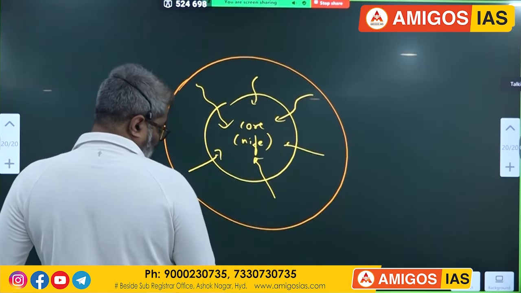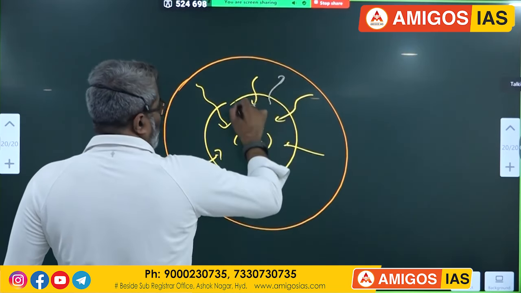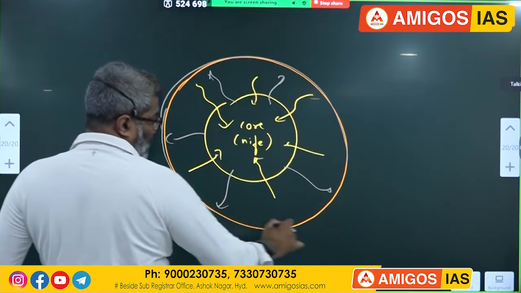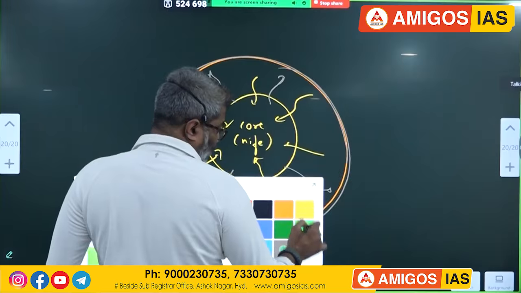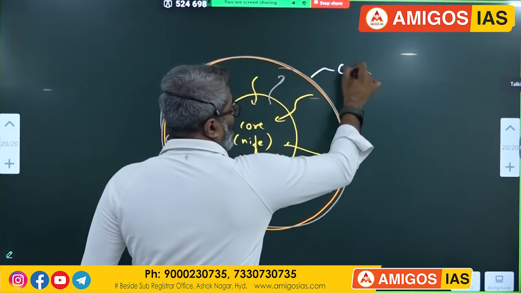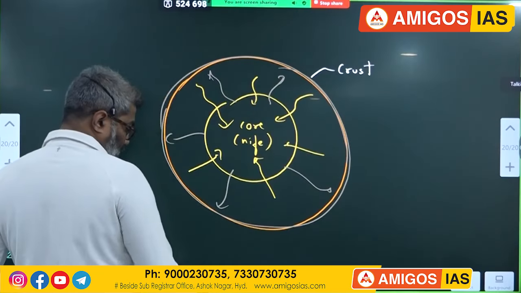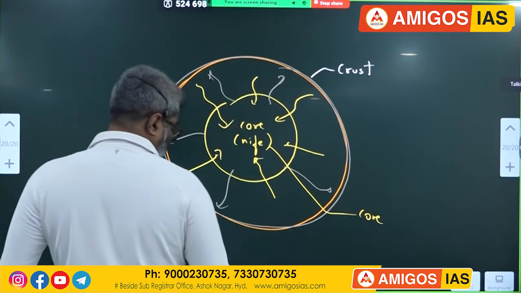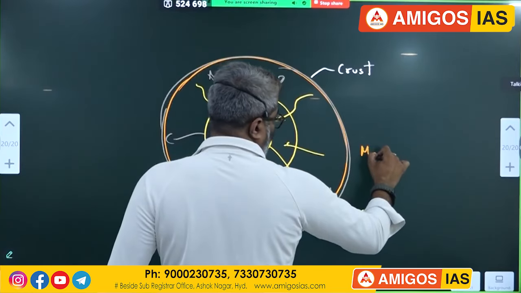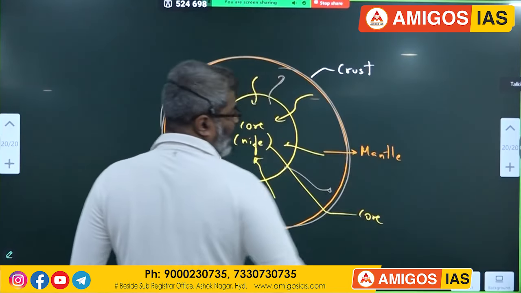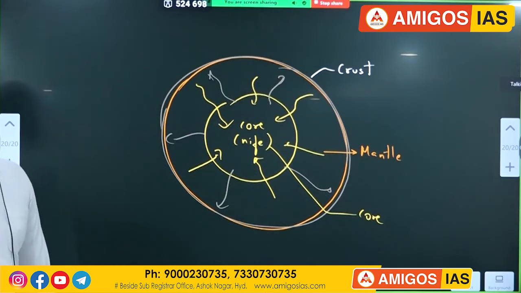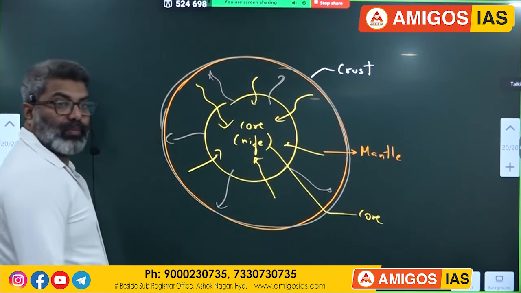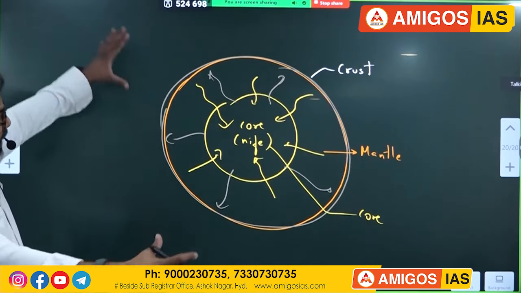All the lighter elements, gases, minerals came out, collected on the surface, correct, forming the crust. Mantle in the middle. 3 layers were formed. So all of you know this. Crust, mantle and core. All this happened because of density segregation. So denser elements in the center, lighter elements out.